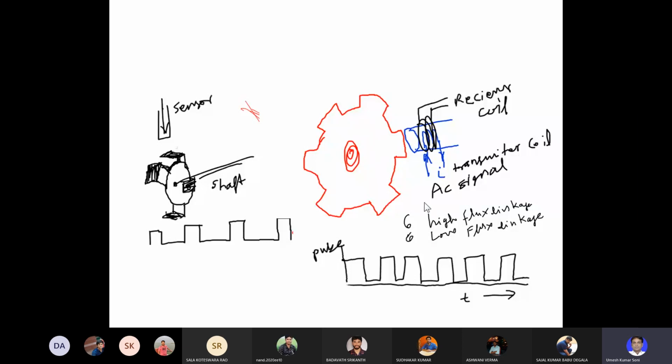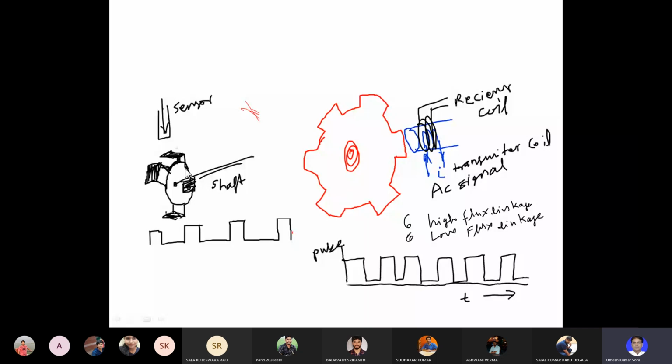Another way of using the same magnetic sensor is the L type of projected section and the radial position of the sensor. So here you can see that whenever there is a change in the angular position, the magnetic sensor will sense the magnetic part or the non-magnetic part, that is air.